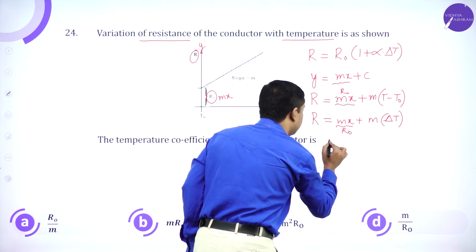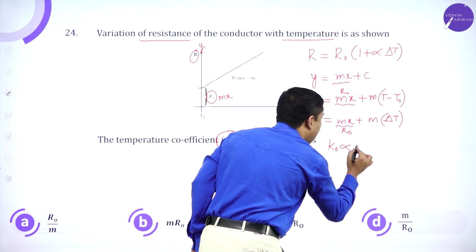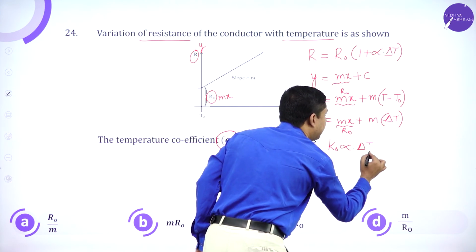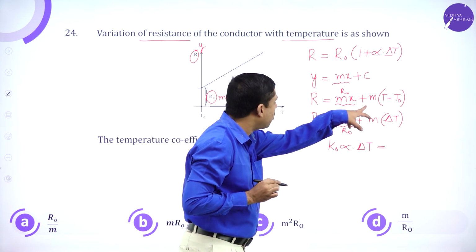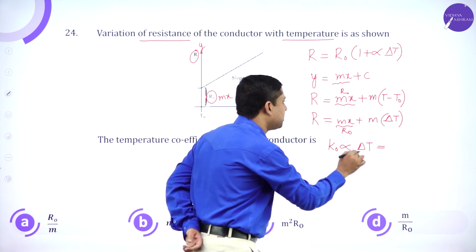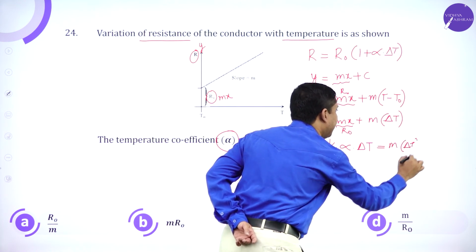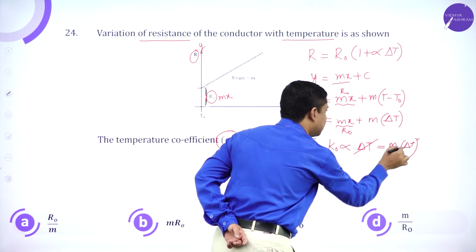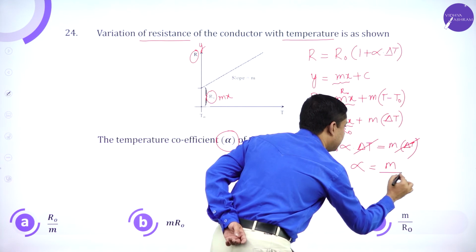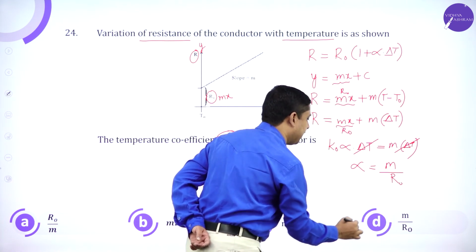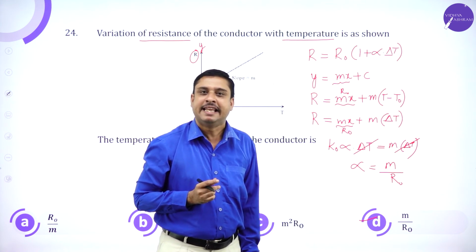The next term, R naught into alpha into delta T equals, here when you are comparing, so this becomes m delta T. Delta T gets cancelled. Alpha has to be calculated, which is m divided by R naught. So the fourth option will be the answer.